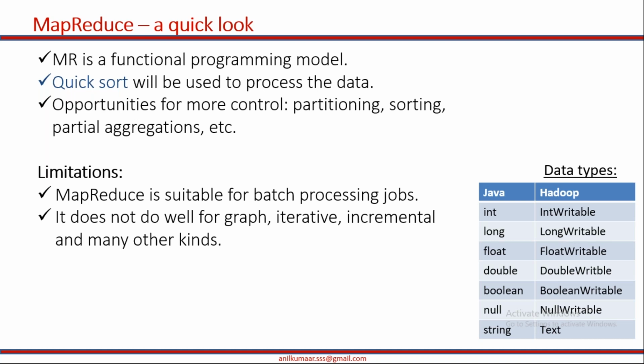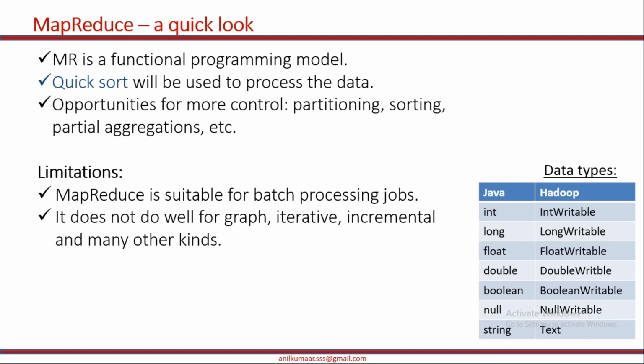Whenever you're giving certain data, even though you're using Pig, Hive, HBase, whatever it may be, that has to be converted into a series of MapReduce processes, then executed on top of the data which is available on HDFS. Once YARN came into the picture, nothing but second generation Hadoop, multi-tenancy, as we call it, was introduced. So you can use Spark also.